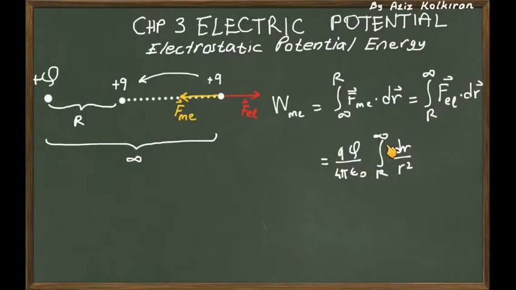So the integration limits are from r to infinity, and 1 over r squared is easy to integrate. What is the integration of 1 over r squared? It is minus 1 over r, and you can find this result as small q times the second charge large Q, k divided by r.